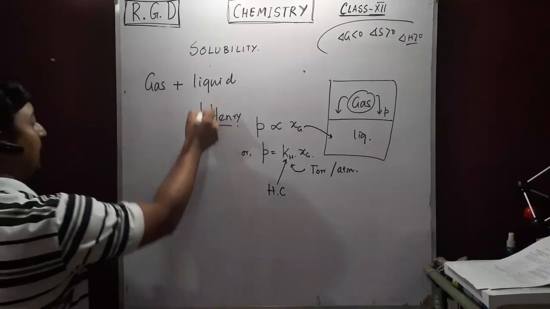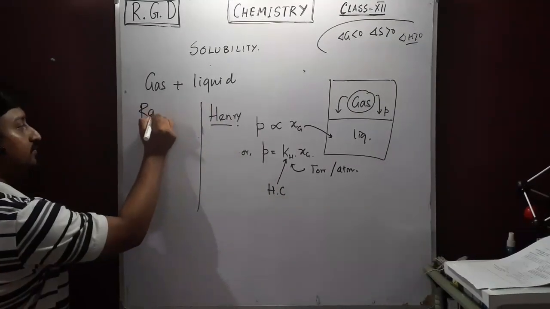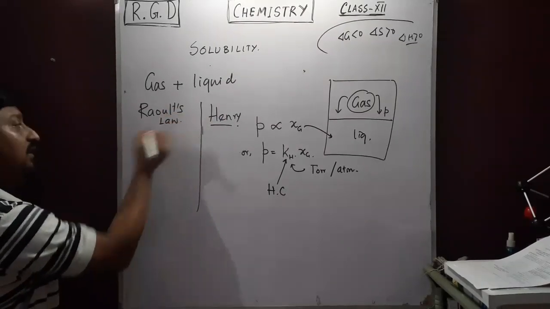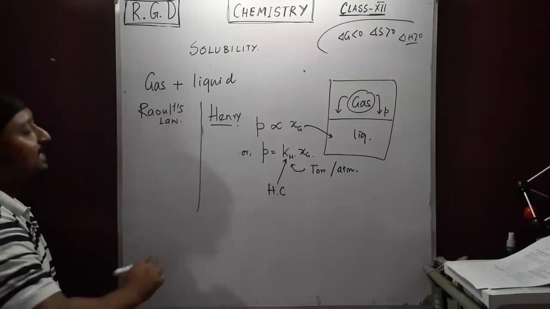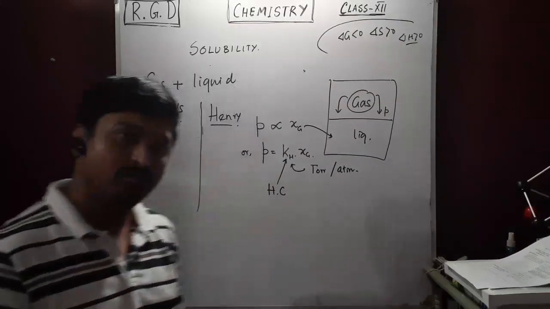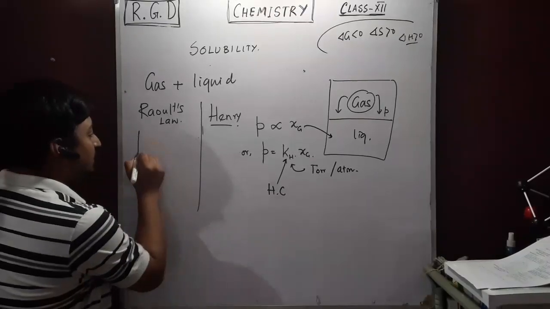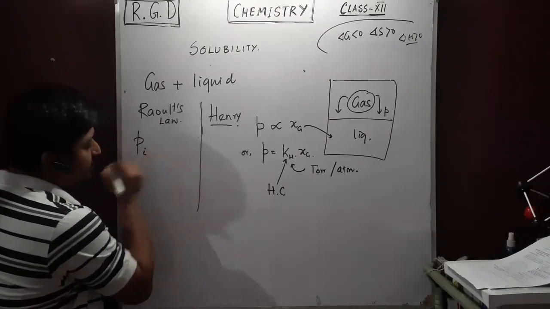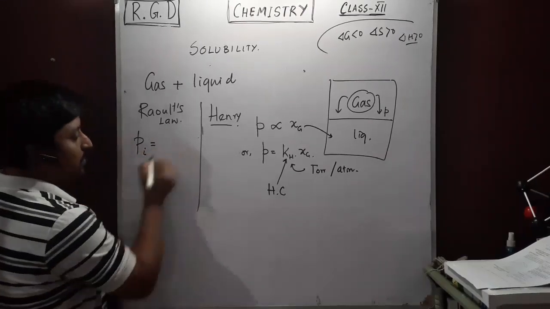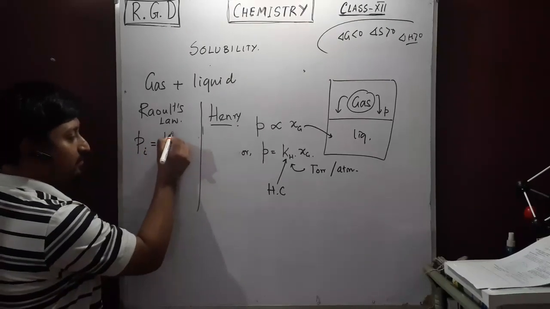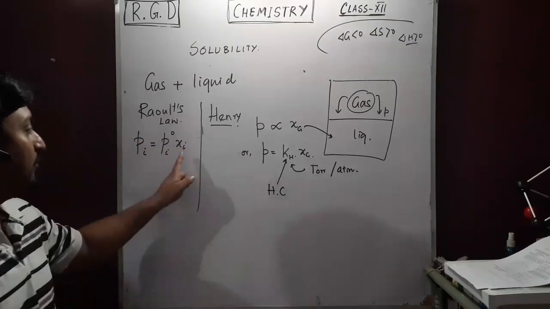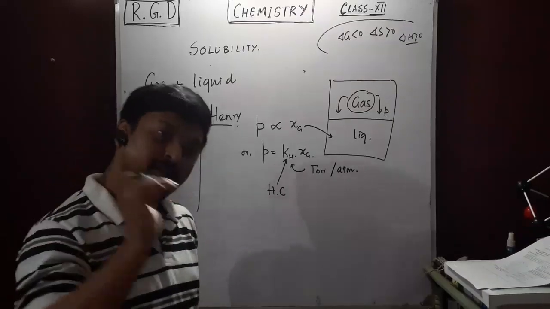Now, if I compare with Raoult's law, what he said is that if you have more than one volatile substance, the partial pressure of the volatile substance at the vapor pressure will be equal to the pressure of the ith component at its pure state, P0, multiplied by xi, the mole fraction of that ith component in the liquid.